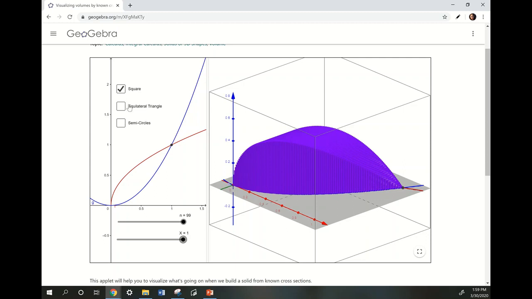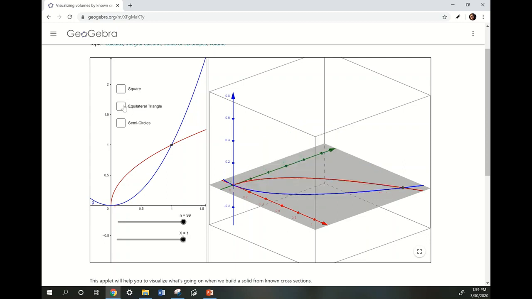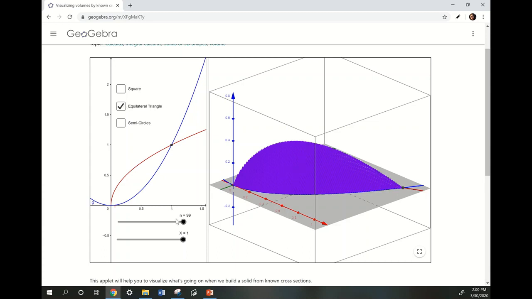Let's do the same thing but with triangles. So these are all equilateral triangles, meaning that wherever you are in terms of the base in between the red and the blue graph, this side length is going to be equal to the other two side lengths here.